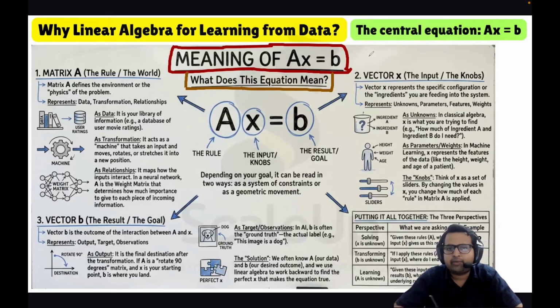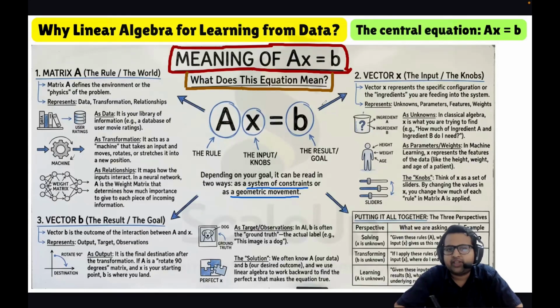In linear algebra, Ax equals b is not just a formula, it is a mathematical sentence. Depending on your goal, it can be read in two ways: as a system of constraints or as a geometric movement.